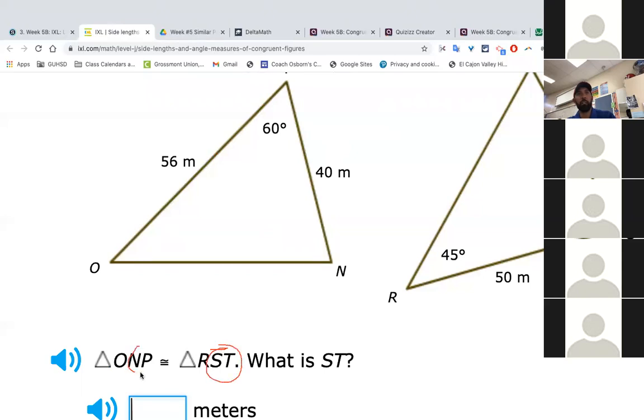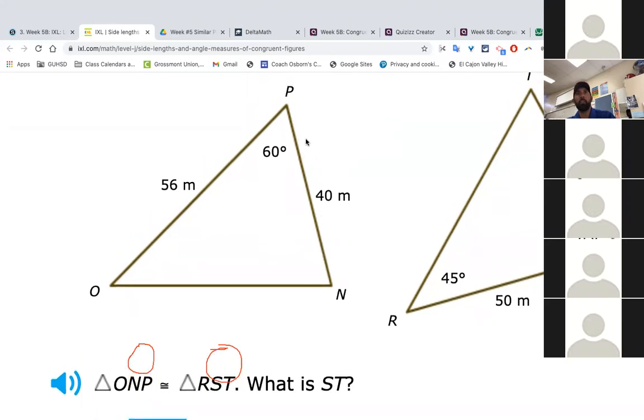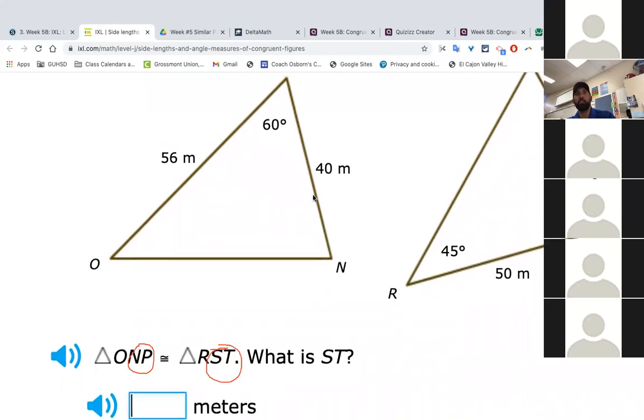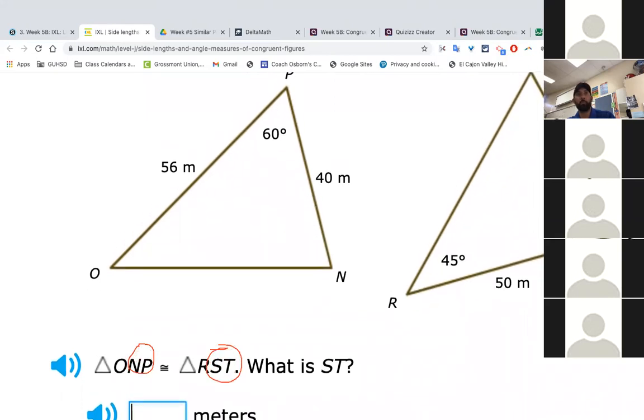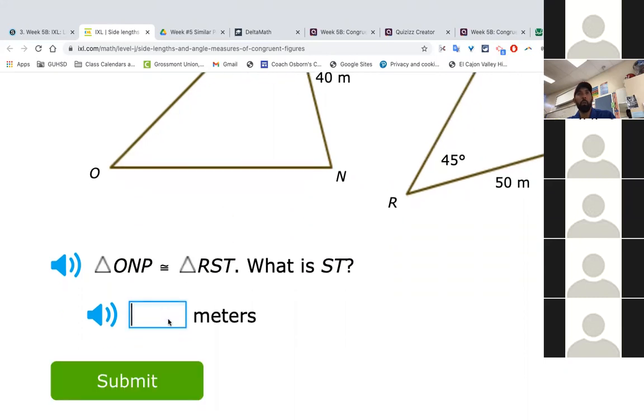So the last two letters here are congruent, and you can see that NP is the side that is congruent to that, so it would be 40. Okay, so again, you just want to pay attention to the congruent statement to figure out where to go. So here would be just 40 meters.